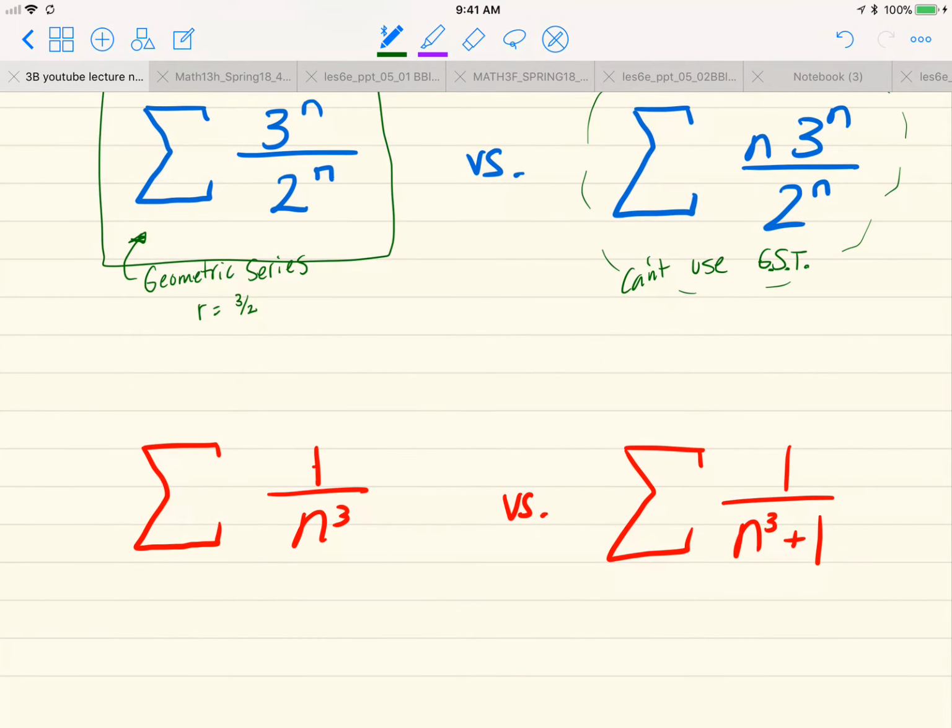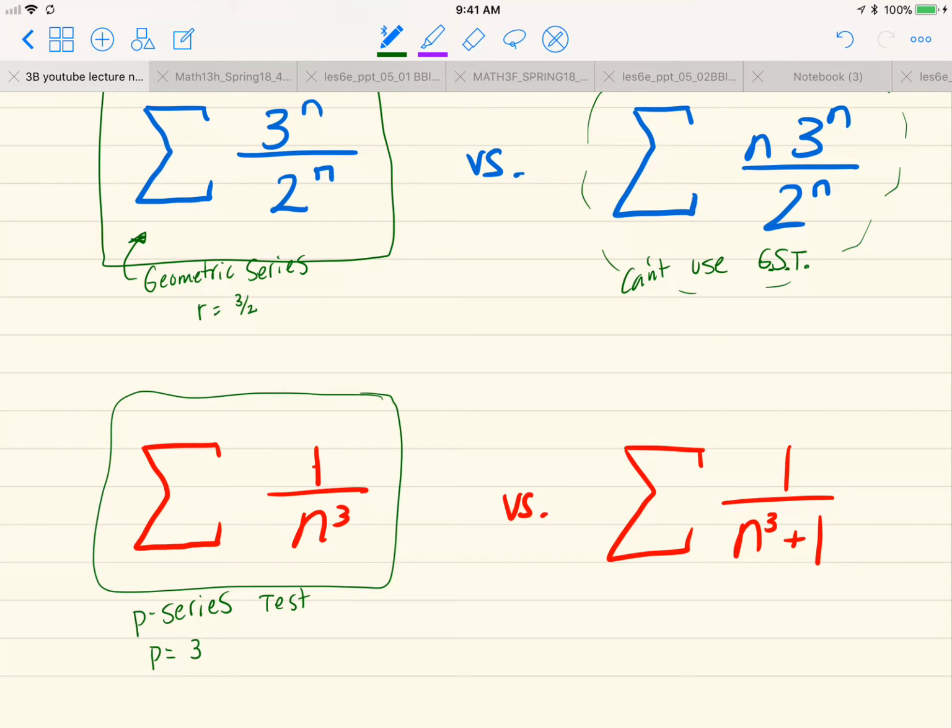Then let's look at our last example. What would be a good test? Geometric series? Nope. We would want to use the p-series test. We have a p-series with p equals 3, so on the left we determine that it converges, because p is greater than 1.